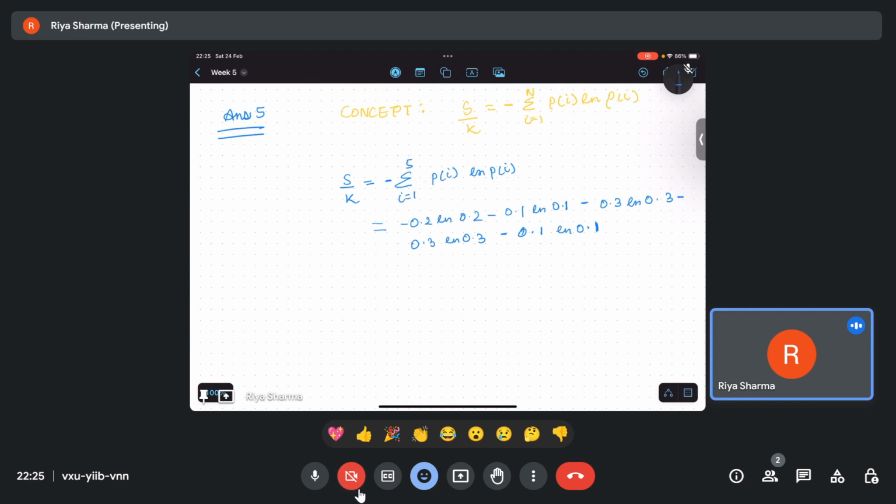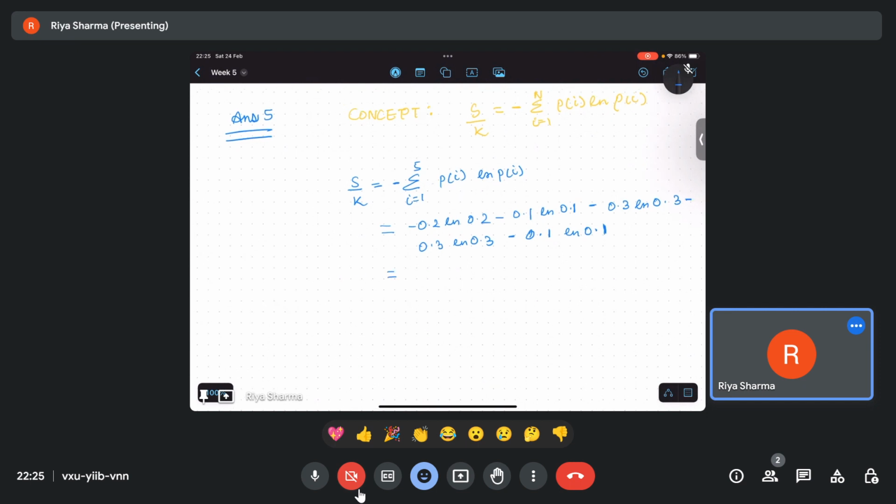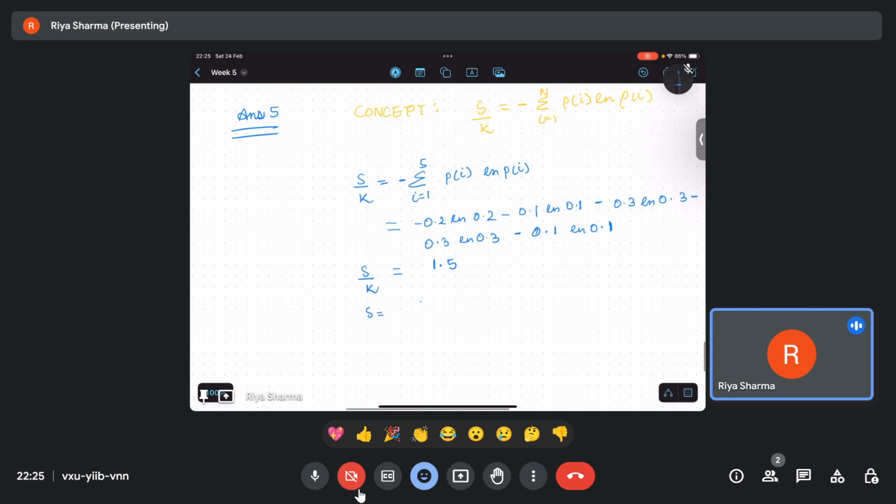So if you calculate this, S by K will approximately come out as 1.5. So S will be equal to 1.5 K. This is the answer.